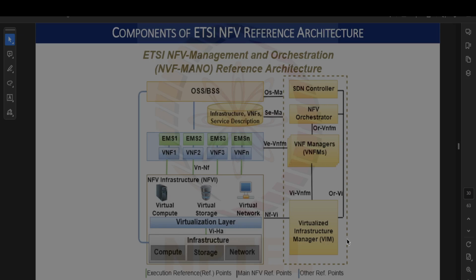On top of it, we have the virtual compute, virtual storage and virtual network, and this forms the NFVI, network function virtualization infrastructure. Now, on top of this, we have our VNFs. We have VNF1, VNF2, we can have VNF3, etc., and VNFN.